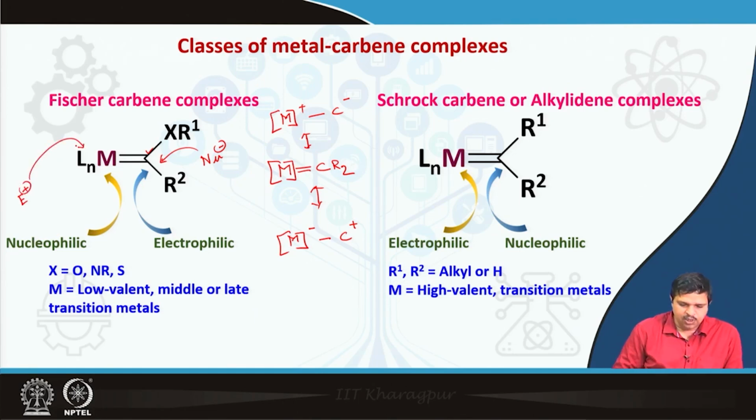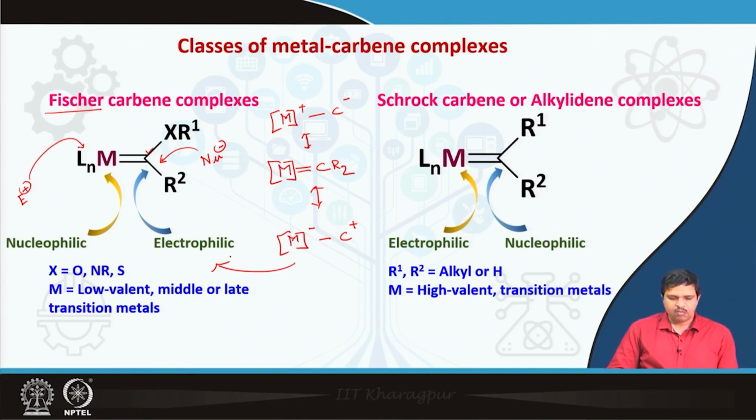So it will undergo nucleophilic attack on the carbon and electrophilic attack on the metal center. If this scenario exists, then this is the Fischer carbene complex. In the Fischer carbene complex the metal center is nucleophilic in nature and the carbon center is electrophilic in nature, that means M minus, C plus.